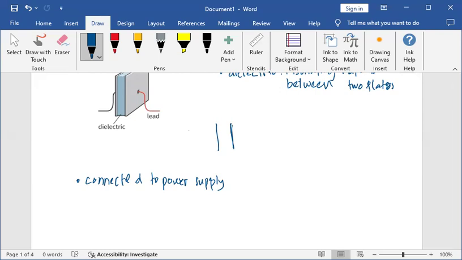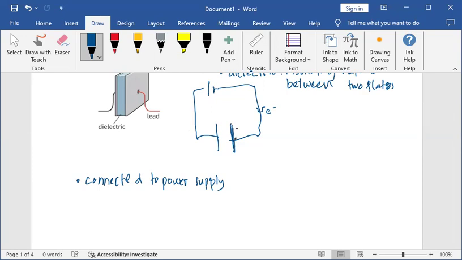When connected to the power supply, this negative terminal will push electrons here, will push electrons here.